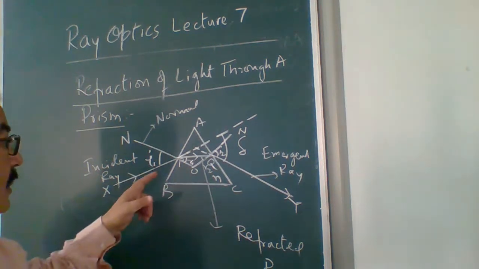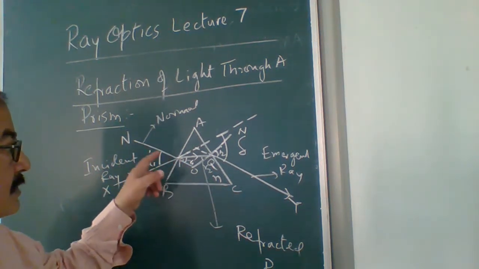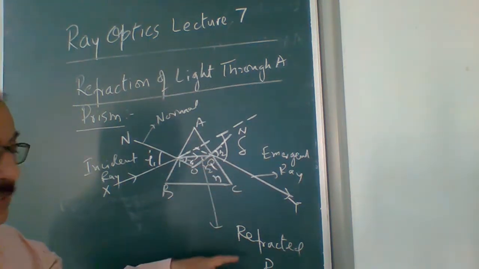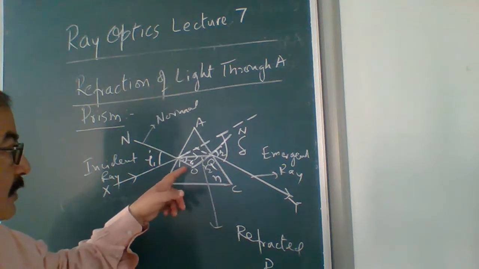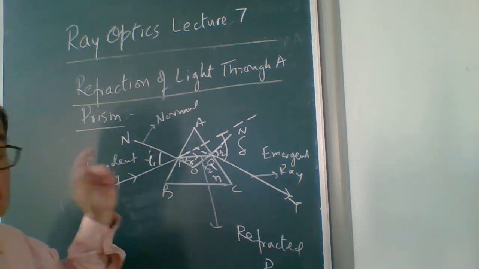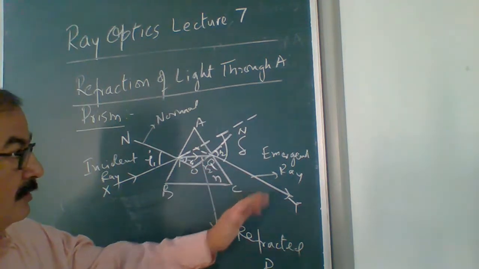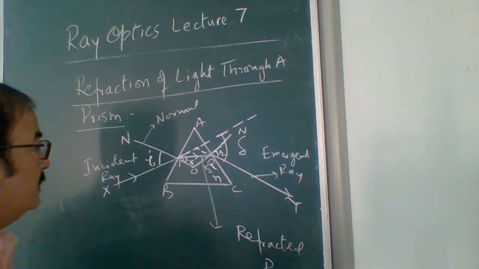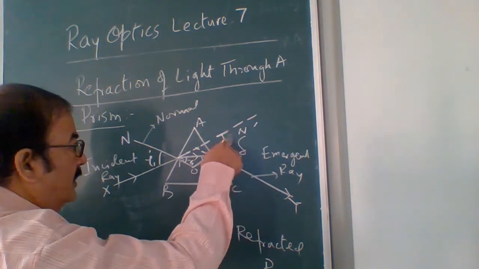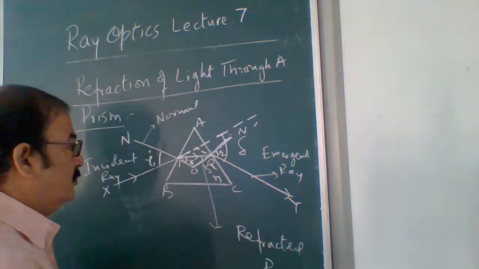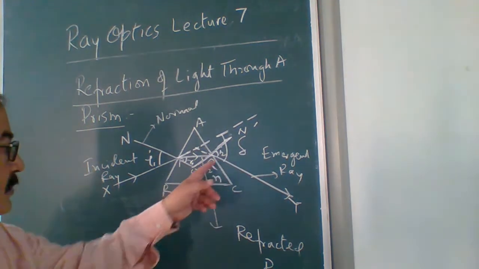XP is the incident ray, NPO is the normal, and this is the angle of incidence I1. Now in the second medium, PQ is the refracted ray, and the refracted ray makes an angle R1 with the normal at the point of incidence. What happens at the point of emergence? This is N', N'QO is the normal.